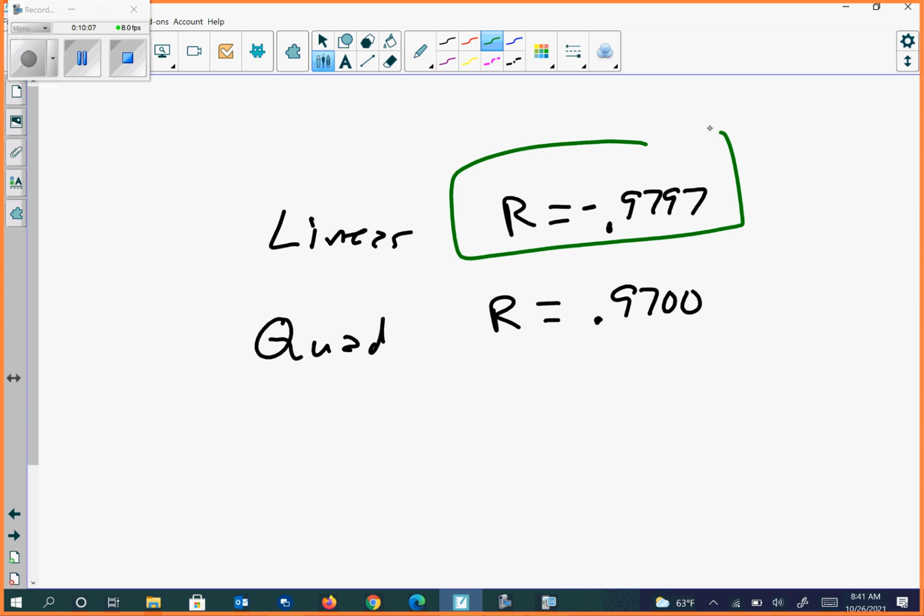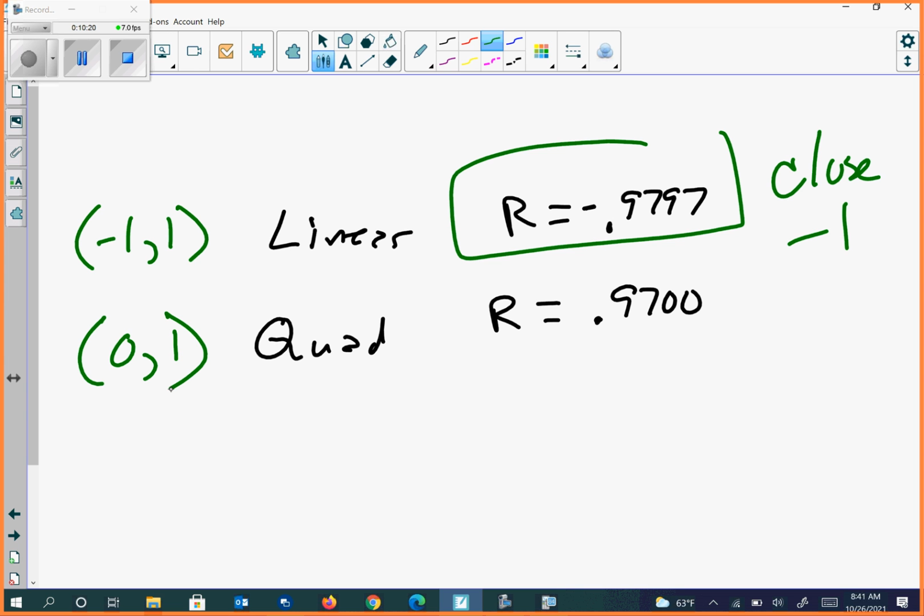This one, because it's closer to -1. So you still treat it the same way. Linear goes from -1 to +1. Quadratic would go from 0 to 1. Cubic and all the others too.